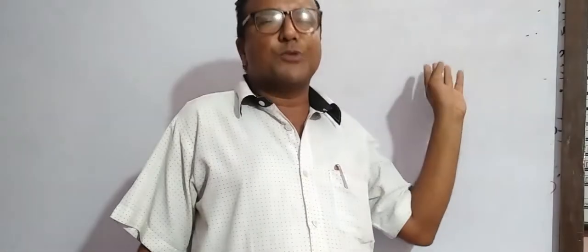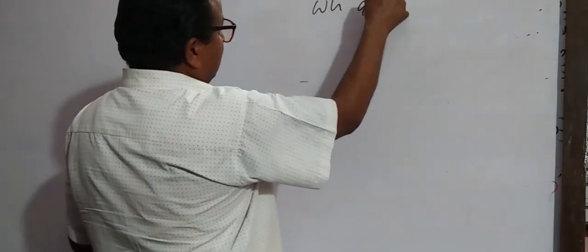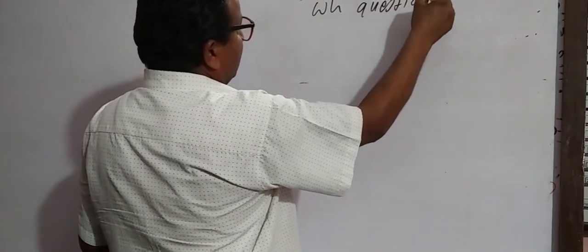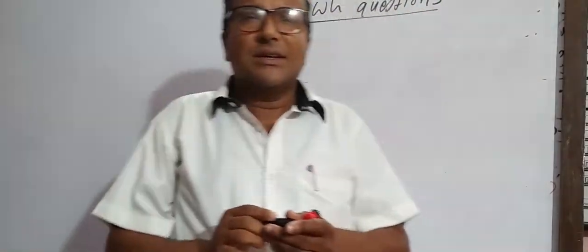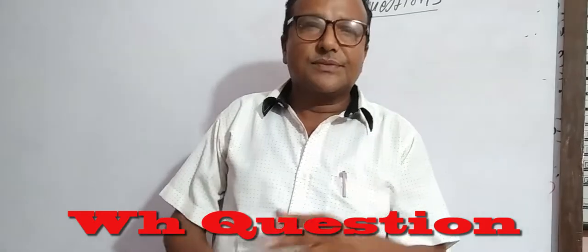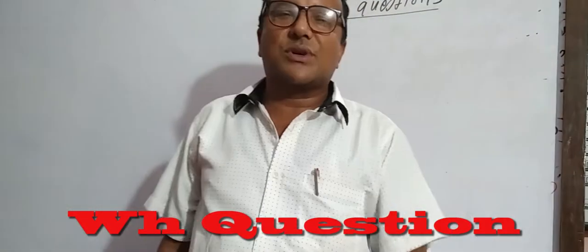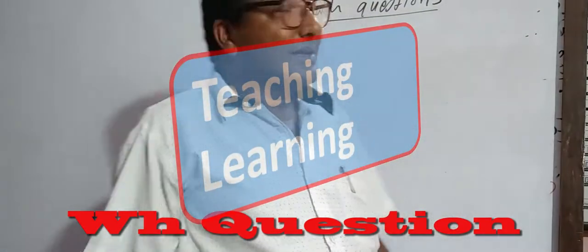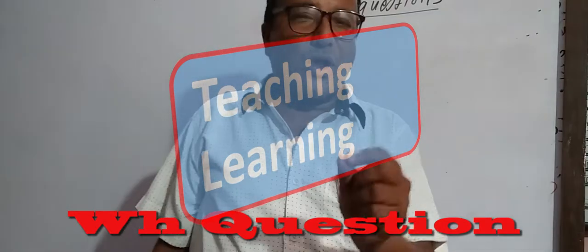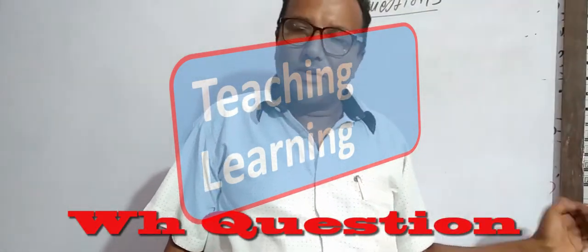The second method to make the question is the WH question. WH words are used at first of the sentence, or it is started by the WH words, so we call it a WH question. Especially nine WH words are used for the WH question.